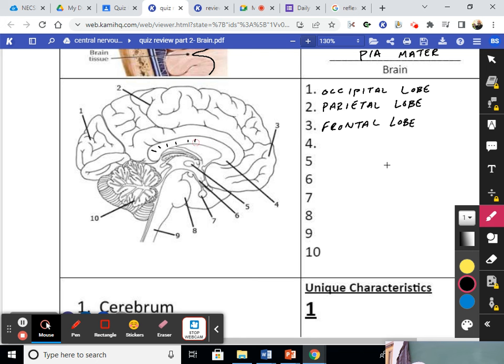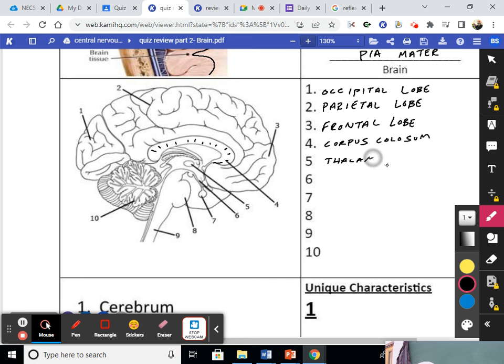This whole structure right here connects the left and right hemisphere of the brain, right? That's called the corpus callosum. All right, and then in here we have the thalamus.